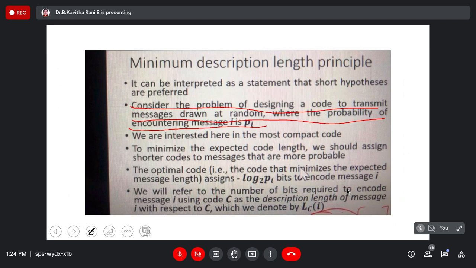So now consider one simple problem. In olden days, we used to send messages. So messages ela send chesedi, telegrams లో send chesedi.